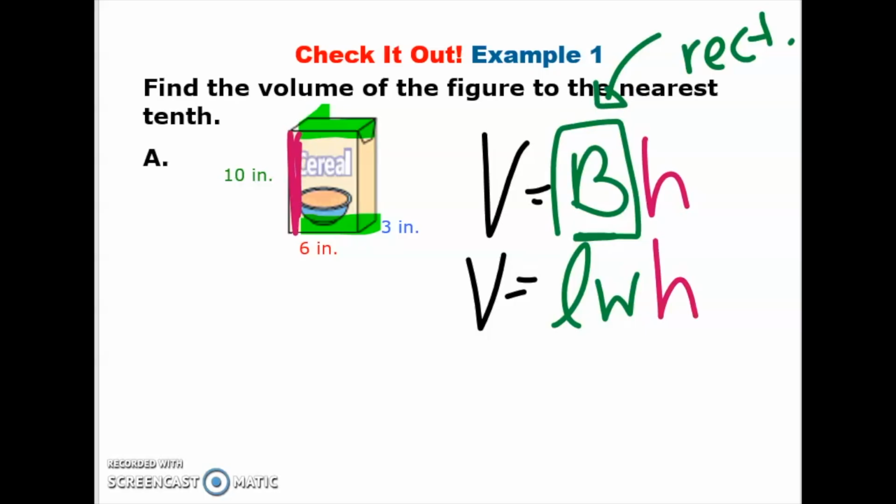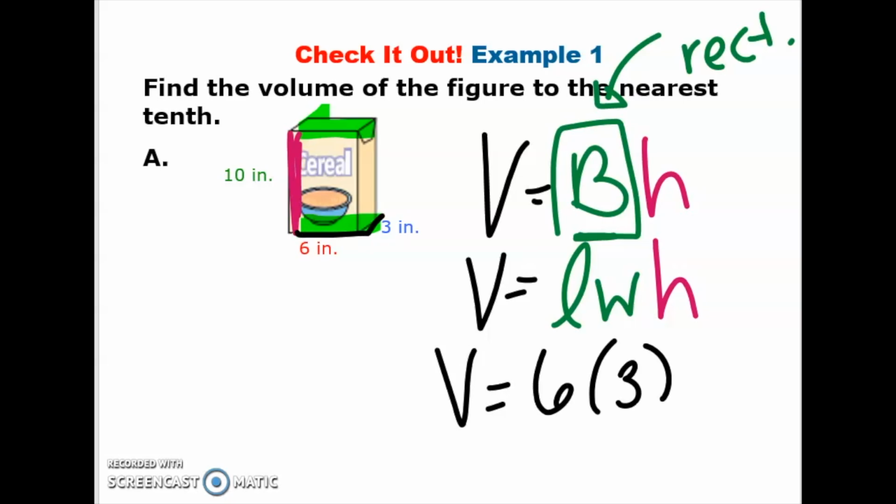Now some of you are going, wait a minute, that looks like a formula I started learning back in 4th grade. And it is. This is just the standard formula for a rectangular prism, but we're going to look at all different types of prisms. So that's why we needed to go in a little more detail. So my base rectangle is 6 by 3, so 6 times 3. And the height of my cereal box is 10, so times 10.